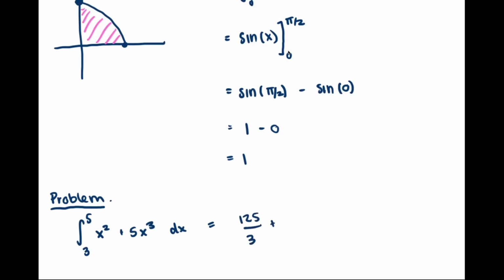I didn't catch all that, but hopefully people heard: you got 125 over 3 plus... there was like a 3,000... 125? Okay, sounds good. Did other people get agreement with this answer?